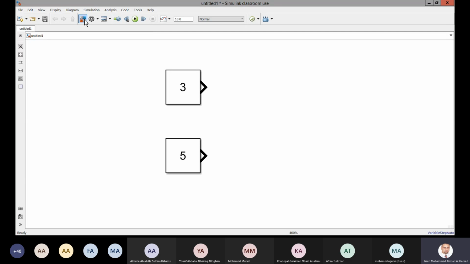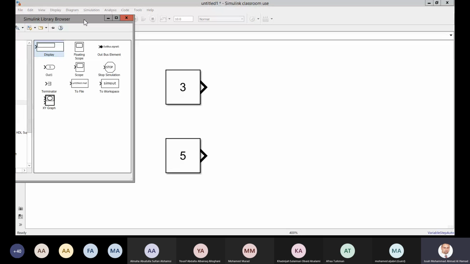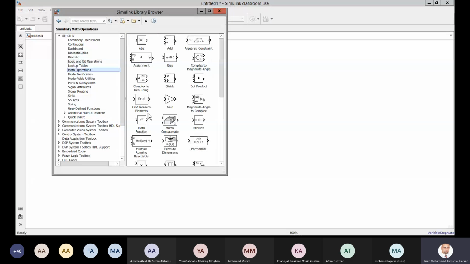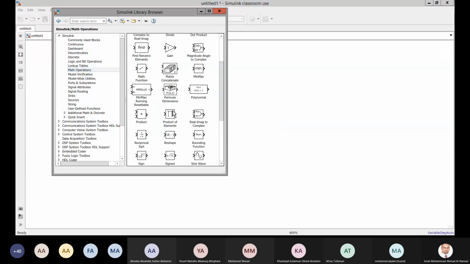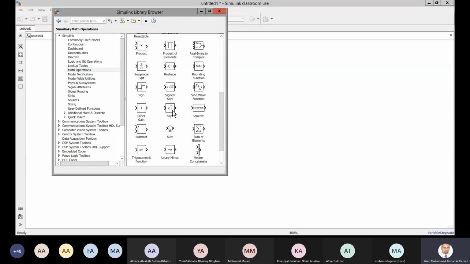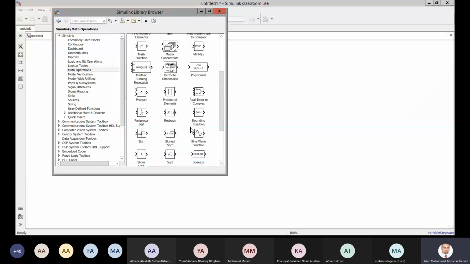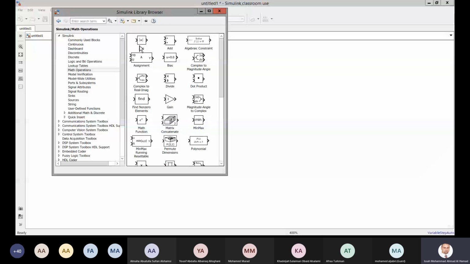Now for the power, I need to go for the mathematical operation and see which one of these will make the square. So we are looking for something that makes square. So this is absolute, add.